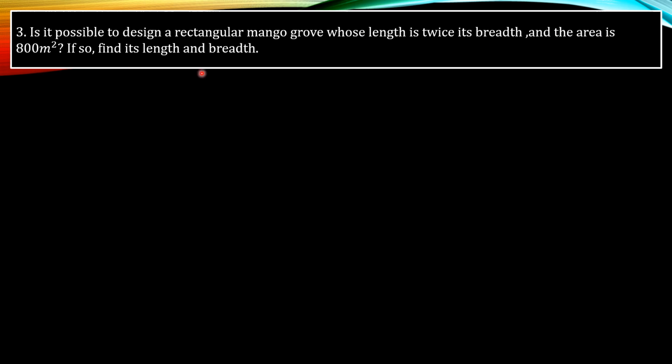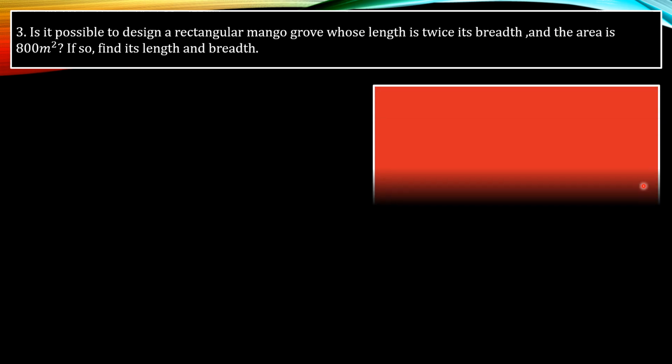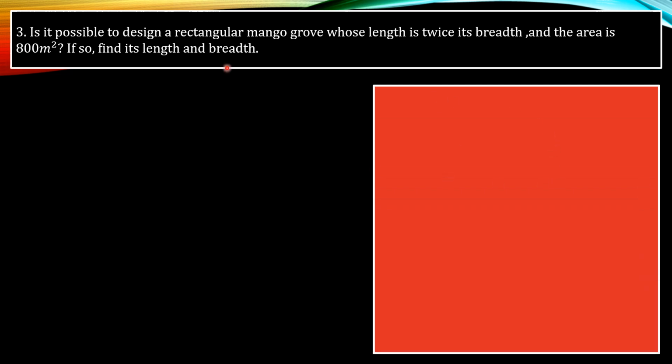If so, find its length and breadth. So first, let's put these words into numbers and expressions. Let's see what we get. Length and breadth are in relation, that is length is twice its breadth. So let breadth be x, then length will be 2x, right?